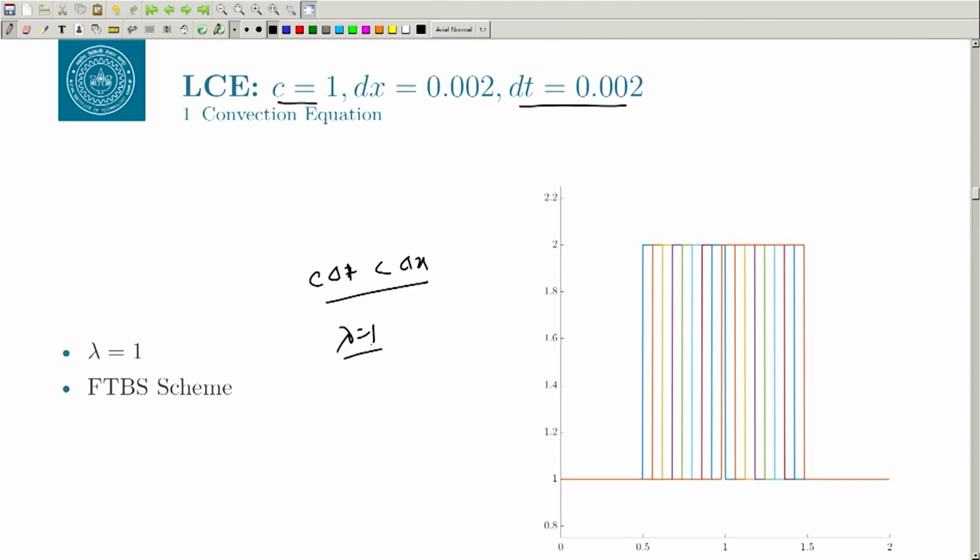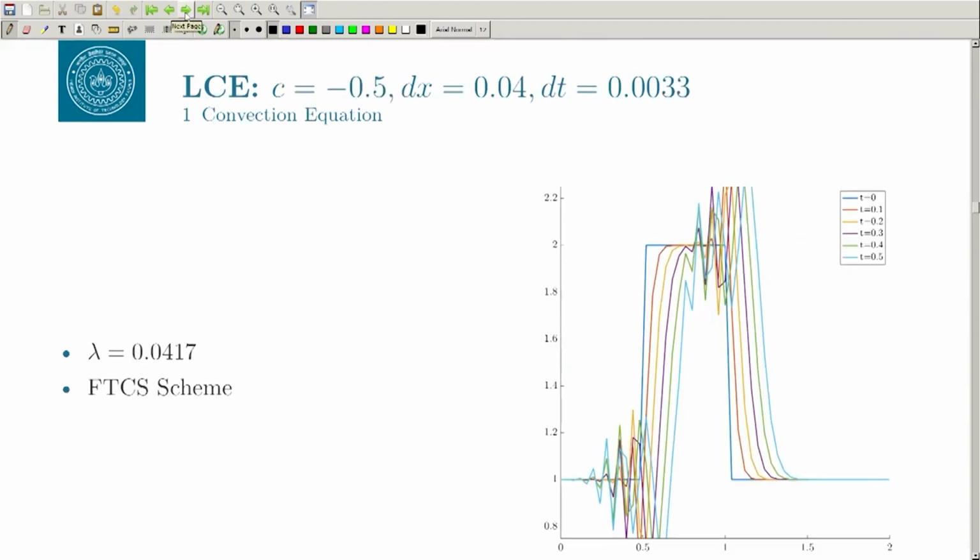And then you can see that we are getting the solution at different times. This is 0 and this is marching towards 1. This wave that you see, this is your initial solution, and then it is marching towards the right at the convection speed, which is equal to 1 here.